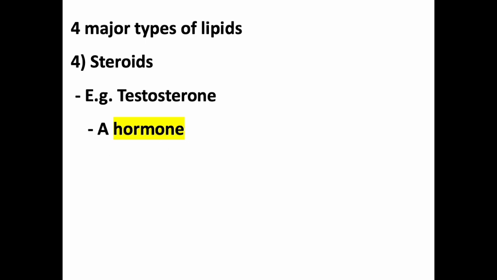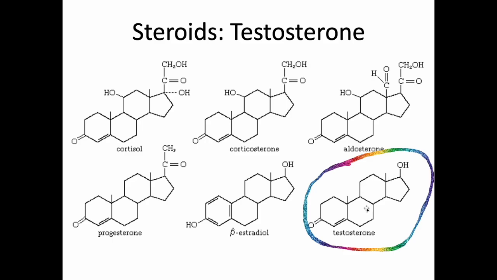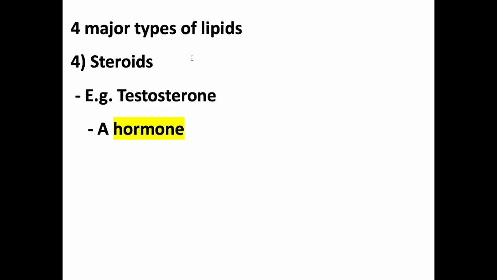So many of these steroids, like testosterone and others, their whole job has nothing to do with energy or structural integrity. The whole job of some of these steroids is to just send a message. And again, it's kind of a weird job for a lipid, but yeah, these are a type of lipid based on their hydrophobic characteristics. So steroids, including testosterone, hormone, is our 4th type of lipid.